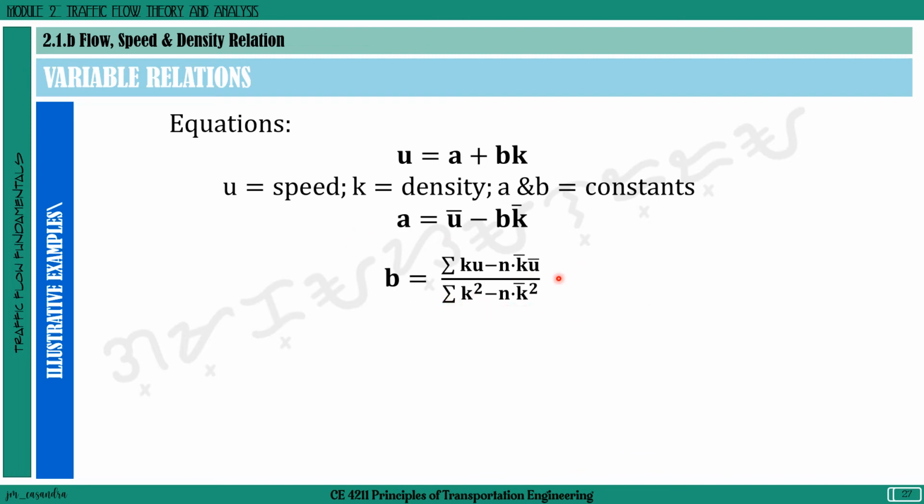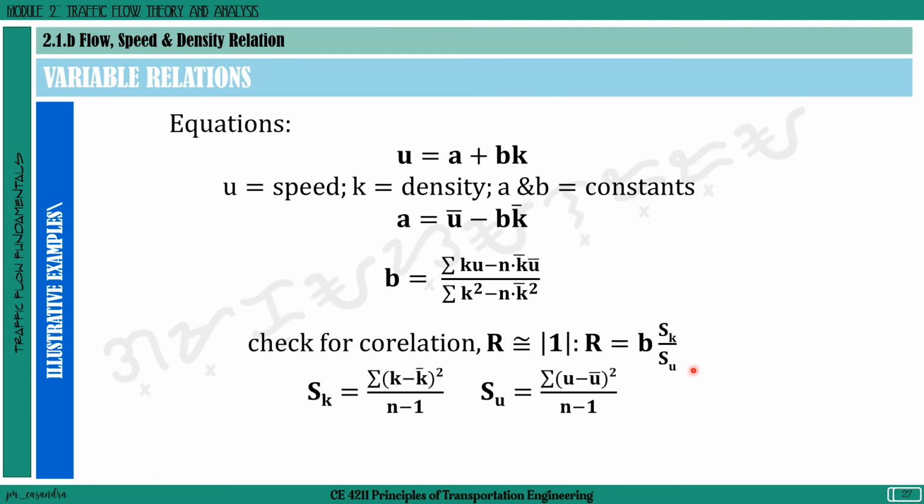So if you can see, this would likely be similar to our standard deviation or our variance equation from probability. So for your correlation, you always check that the value of R will be almost equal to the absolute value of 1. So R now is simply computed as B times S sub K over S sub U. So S sub K and S sub U will almost have the same equation.